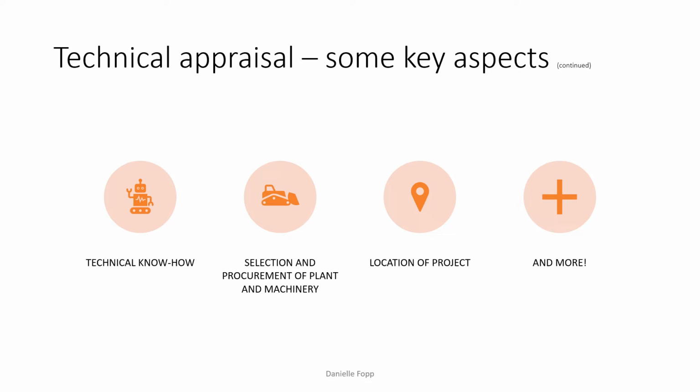We also then need to be looking at the location of the project. So at this point in the appraisal, the location would have already been chosen, but we need to make sure that we look at the location in regards to the machinery and the technical requirements of the project. So we're looking at the chosen region and the particular site which has been selected.